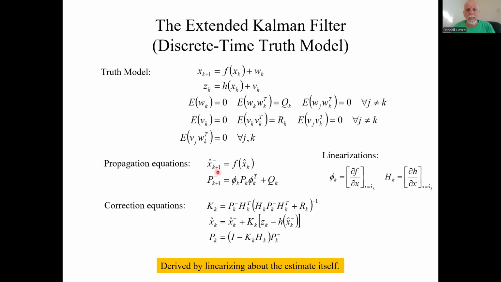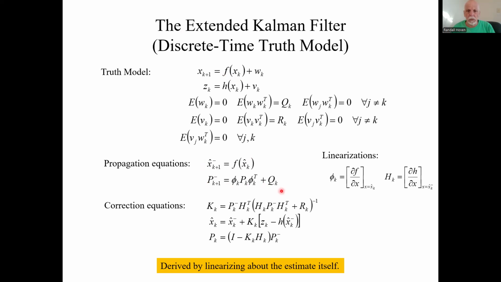But we propagate the state by using this nonlinear function. We just put in our estimate. The hat notation means estimate. So our estimate at the next time step is just the nonlinear function evaluated at our estimate at the previous time step.